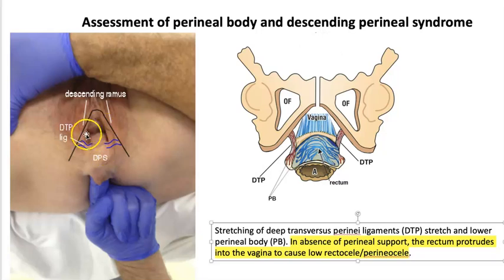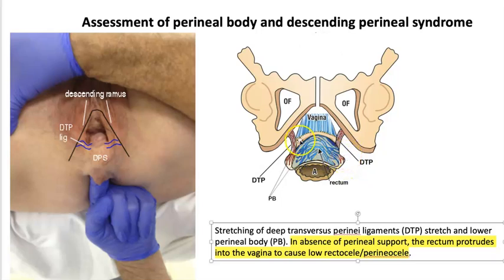So if you look at this examination here, in the absence of perineal support, the rectum protrudes into the vagina to cause low rectocele and perineocele. So when the patient strains, the whole perineum comes down. DPS is descending perineal syndrome. These are the descending rami here, and here are the ligaments, the deep transversus perineal ligaments.